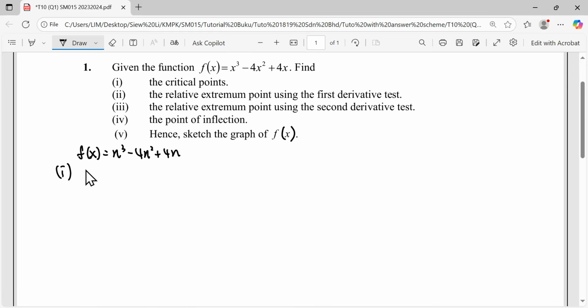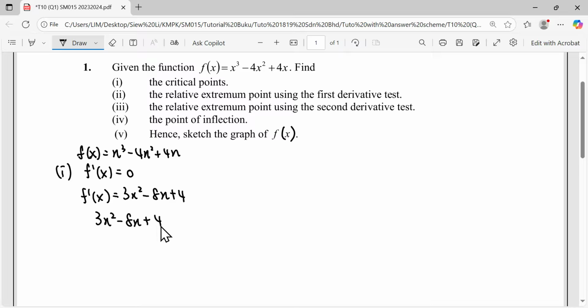Critical points only happen when f prime x equals 0, which is our first derivative. When it equals 0, then we can find the x value. To differentiate our function, power moves to the front, power minus 1. So this is our first derivative.